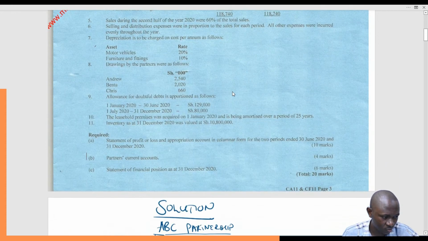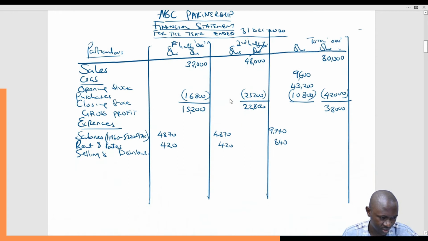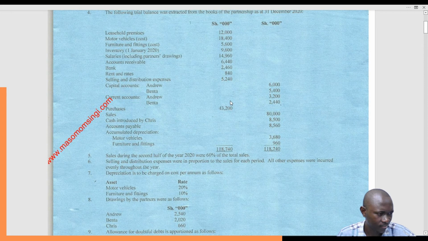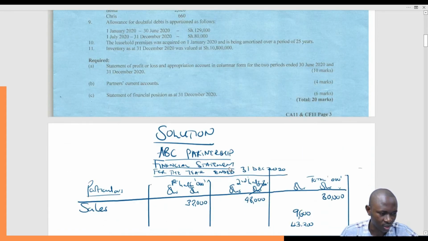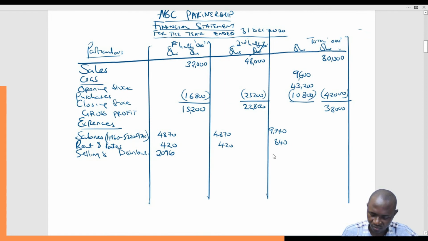But you have to check to make sure that there is nothing that affects selling and distribution. So we'll have 2096 here, and then 0.6 times 5240. That gives us 3144. So you show the 3144 here. This will give us 5240.